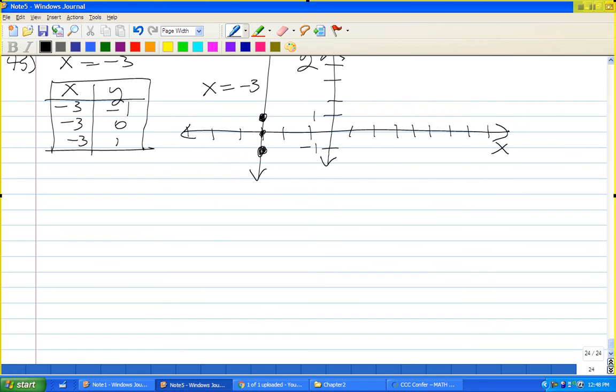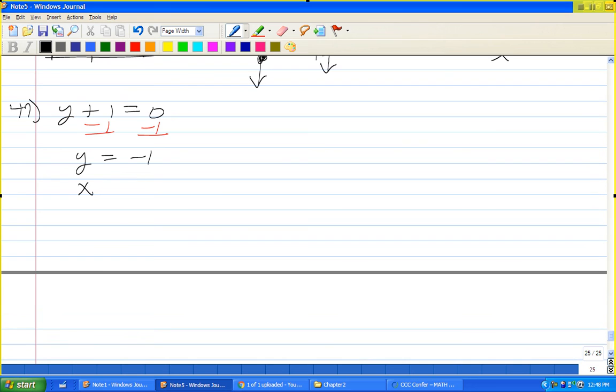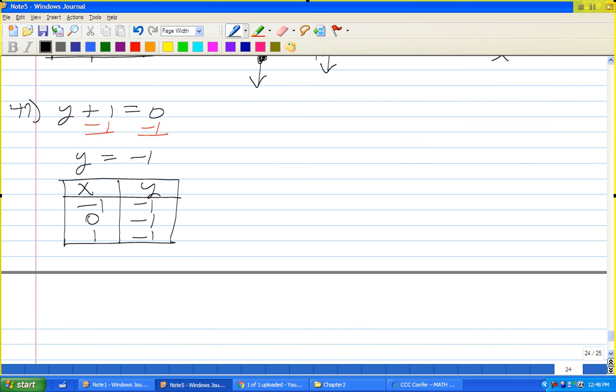Let me do 47. y plus 1 is 0. Subtract 1 from both sides, so y is equal to -1. Therefore, it's easy to pick. It doesn't really matter what you pick for your x values, because for any x value, y is -1.